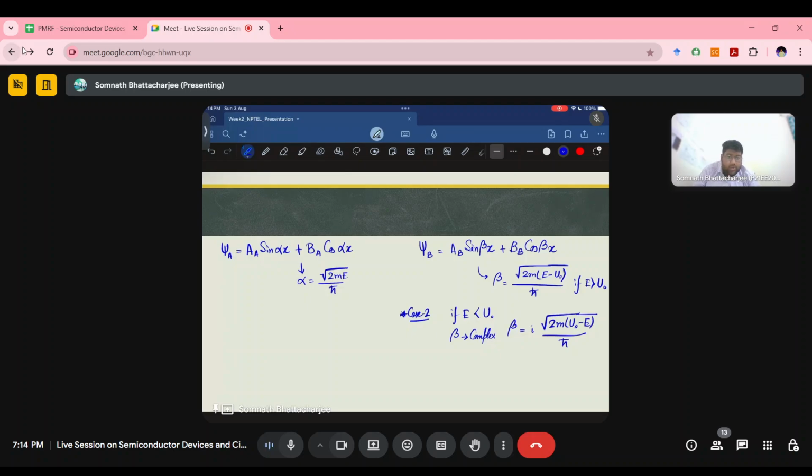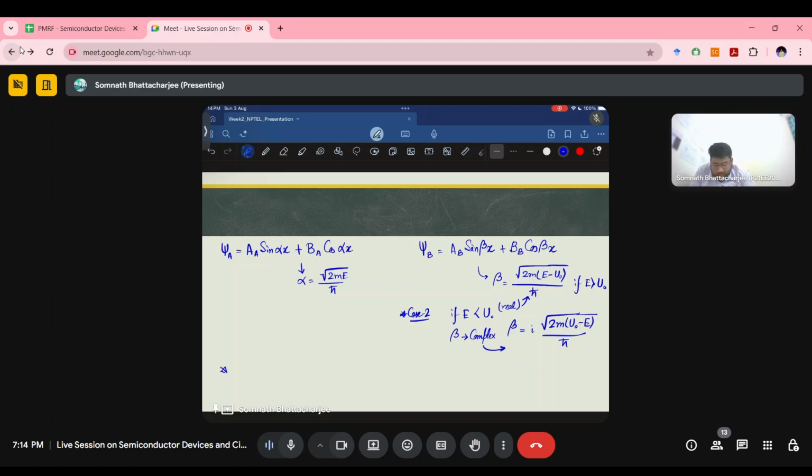So this will be the solution if beta is a complex number. So there will be a real case and a complex case.